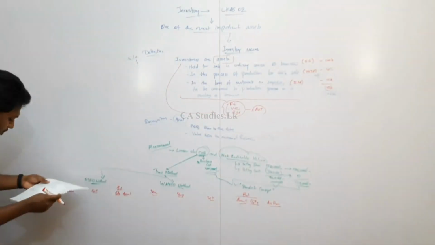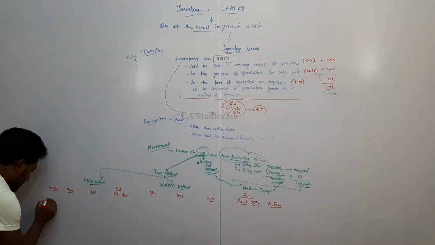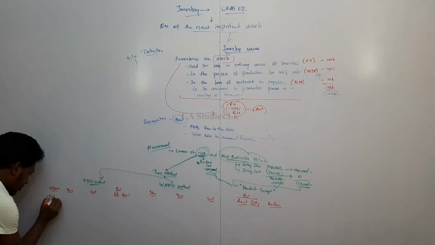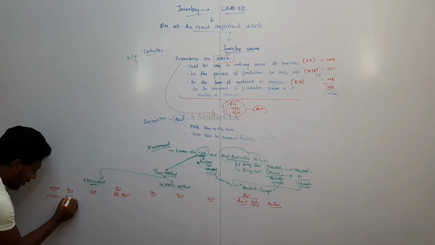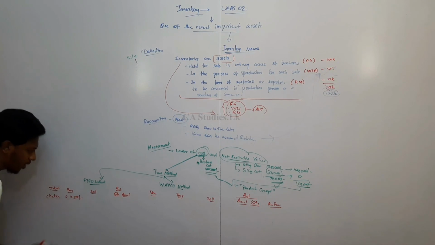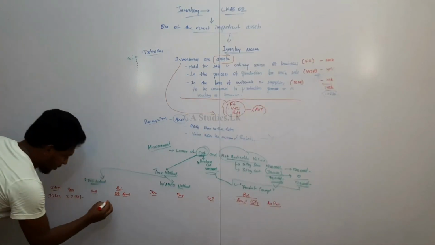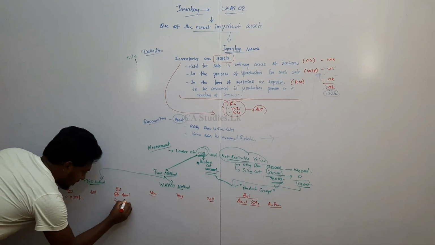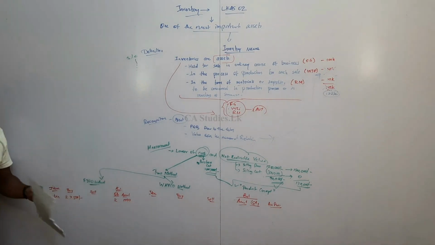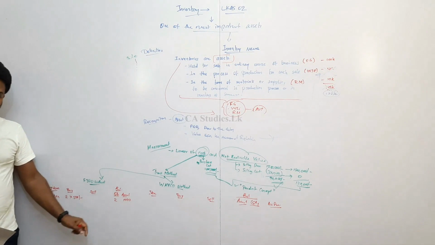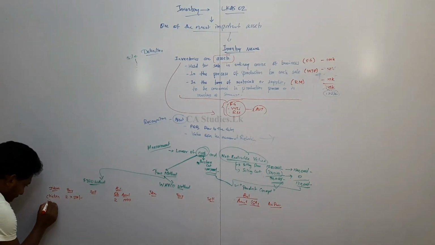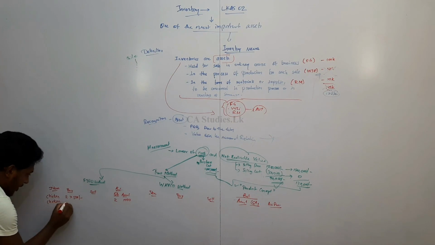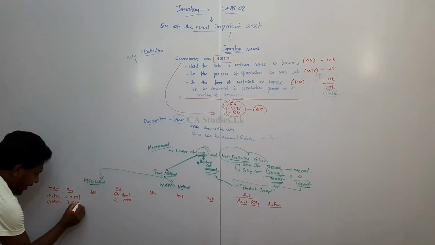Now assume the first purchase is chicken. 2 items purchased at 500 rupees. Now the balance quantity is 2, amount 1000 rupees, right? 2 chickens purchased. Now after 2-3 days, 3 chickens are purchased by the entity.